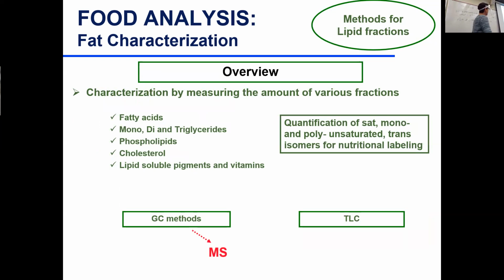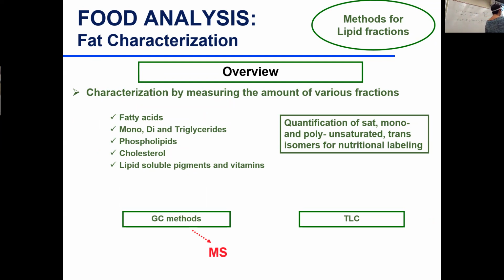Now, other than looking at oxidation and rancidity and characterization by iodine value and saponification value, we want to also determine the different fractions of lipids we have. So this is mostly for nutrition labeling.